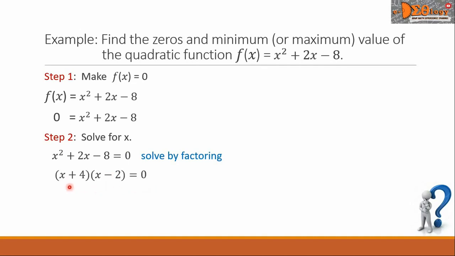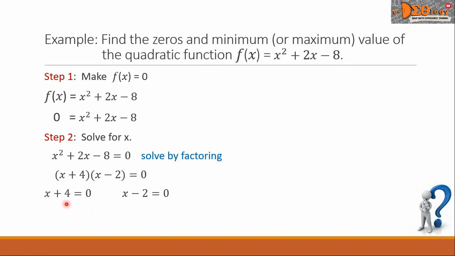And then for each factor here, we will equate to 0. So we have x plus 4 equals 0, and also x minus 2 equals 0. And we will solve for x in both equations.